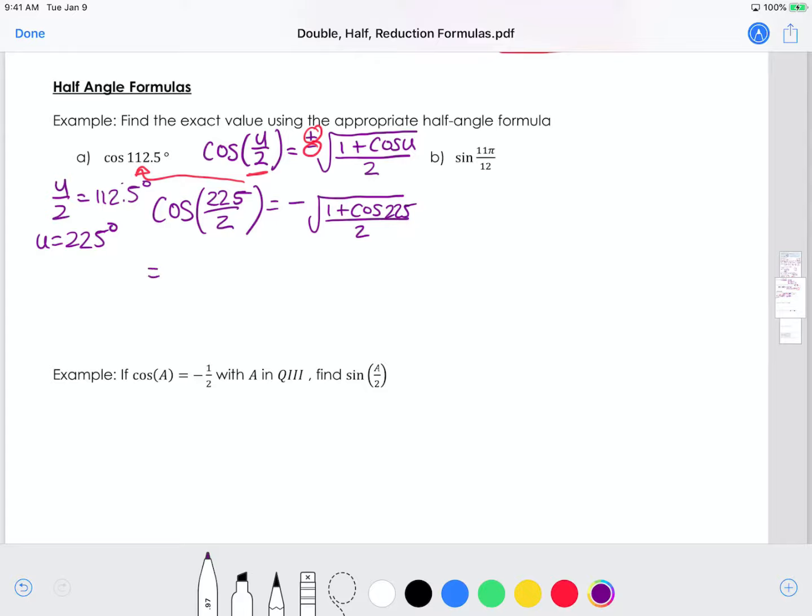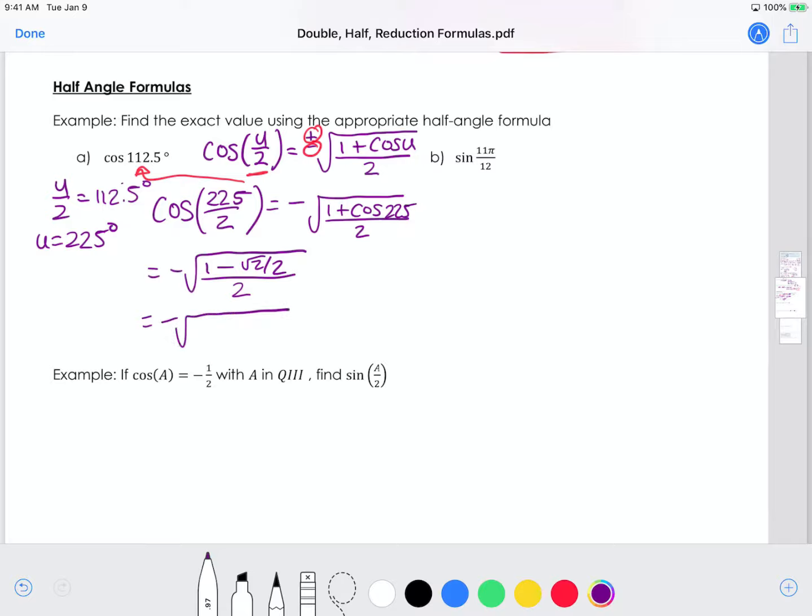Well, if I look at my unit circle, the cosine of 225 is negative square root of 2 over 2. So I have 1 minus the square root of 2 over 2 all over 2. Now, we can't leave it with complex fractions under the square root. So I'm going to multiply inside the square root. I'm going to multiply the top and the bottom of that fraction by 2.